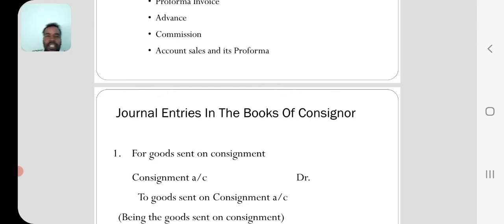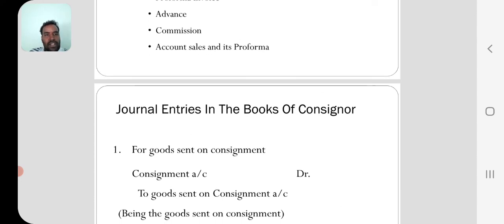There are different types of commissions, two types: ordinary and del credere. Ordinary commission is for selling the goods; the consignee may receive commission. It is called ordinary commission. Whereas del credere commission means the consignee receives an extra commission on ordinary commission. Del credere commission is received by the consignee only in the case of credit sales.